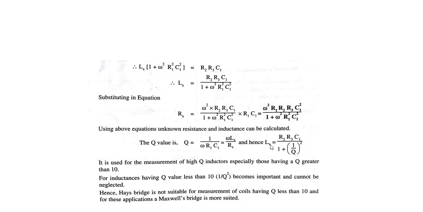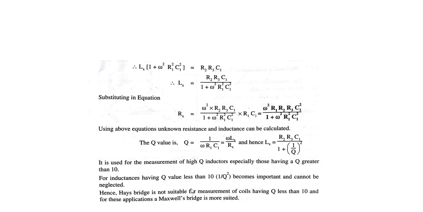If you represent Lx in terms of Q, Lx is equal to R2 R3 into C1 divided by 1 plus 1 upon Q bracket square. So the formula of Q is given, and with respect to Q, Lx is calculated.